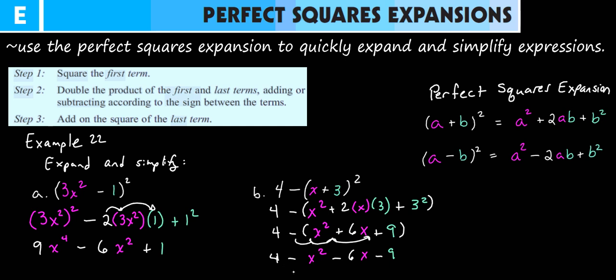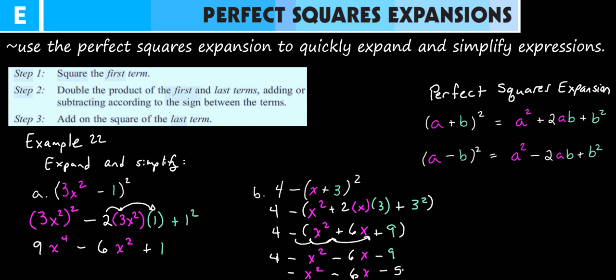We can do that at the tail end or at the beginning. So let's just take this and finish it off. So negative x squared minus 6x and then minus 5.